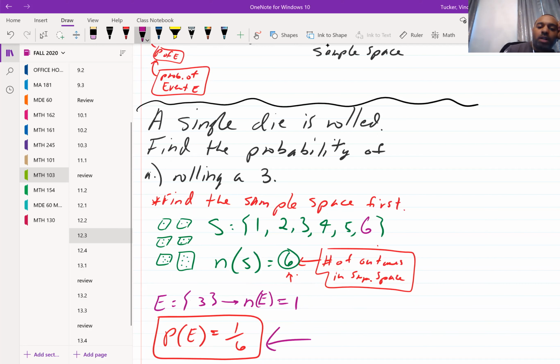And that's why we have 1 out of 6. You have a 1 out of 6 chance of rolling a 3. So get the number of outcomes in your sample space, the number of outcomes in your event, place the number of outcomes in your event over the number of outcomes in your sample space, and that will be your probability.